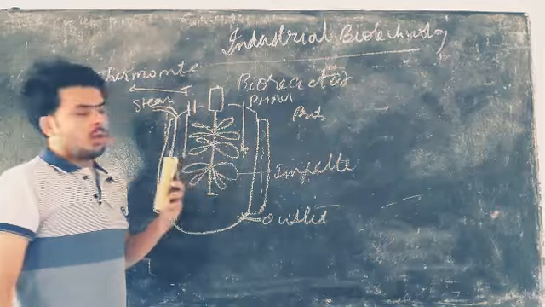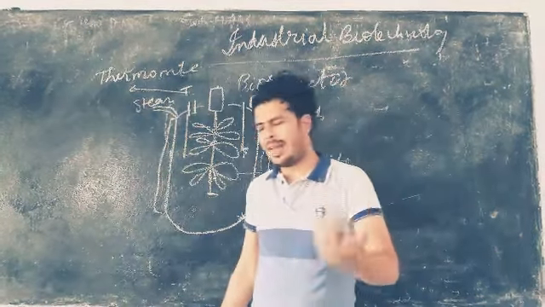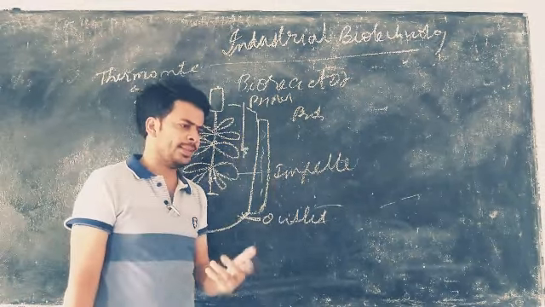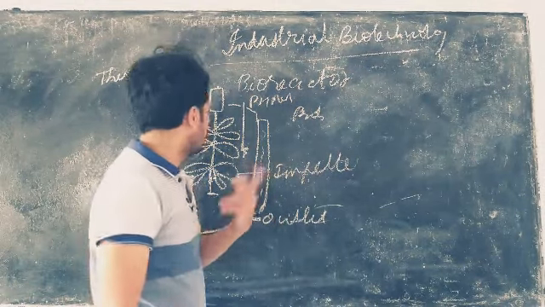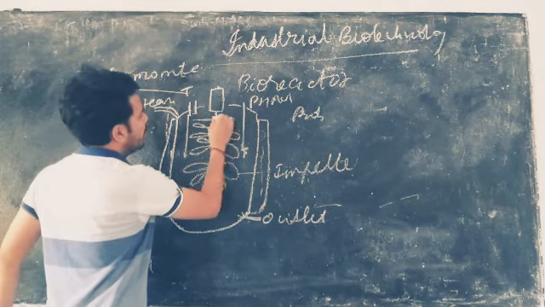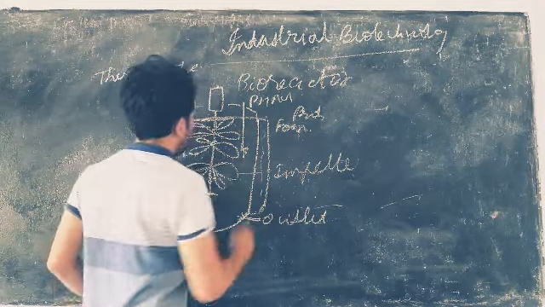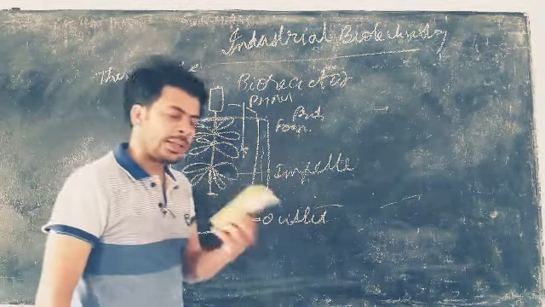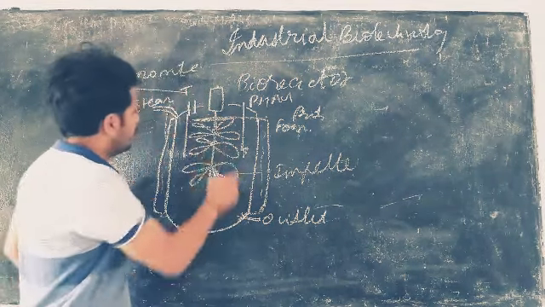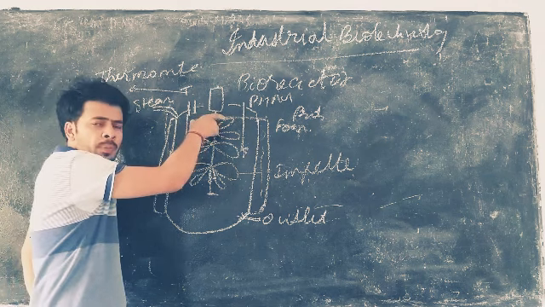Friends, whenever a biochemical reaction occurs, there is a production of ATP, NADP, and lots of primary metabolites, secondary metabolites, and gases are evolved. So, to prevent foaming, which occurs due to the regularly occurring biochemical reaction on the top surface, these impellers help in breaking up the foam.